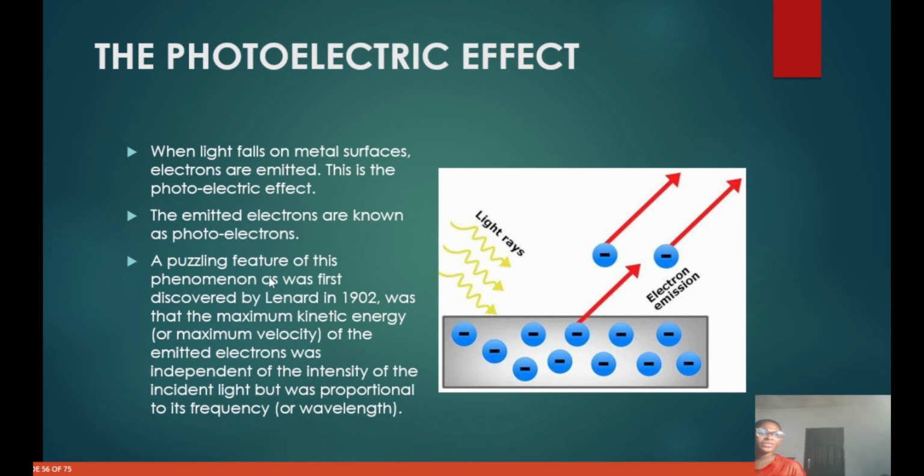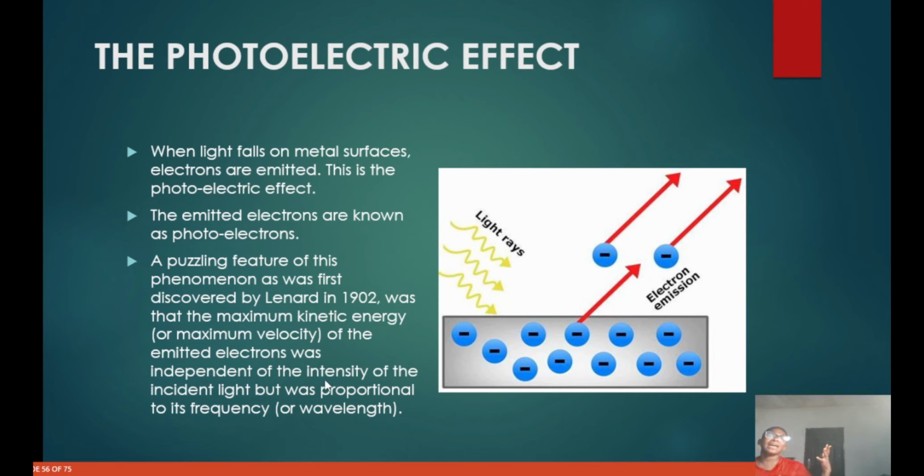A positive feature of this phenomenon was first discovered by Lenard in 1902, and that was the maximum kinetic energy of the emitted electrons, which was independent of the intensity. The energy of this electron is not dependent on the intensity of the light.